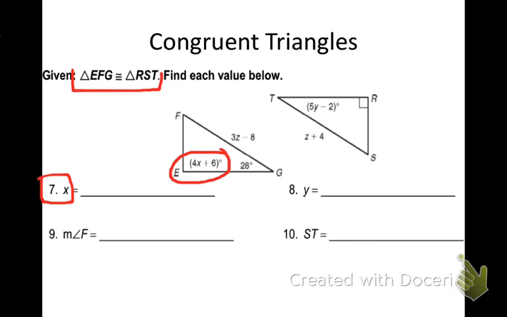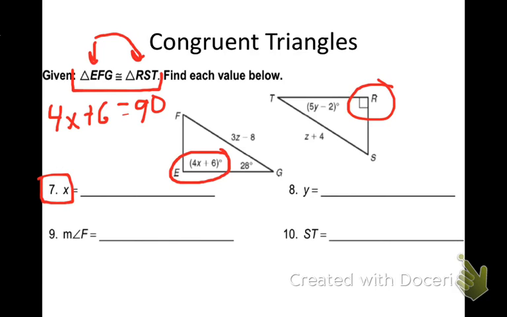The corresponding part with E would be R. Notice R is 90 degrees because it's a right angle. So I'm going to say 4X plus 6 equals 90. Subtract 6, giving me 4X equals 84. Divide by 4. X equals 21.